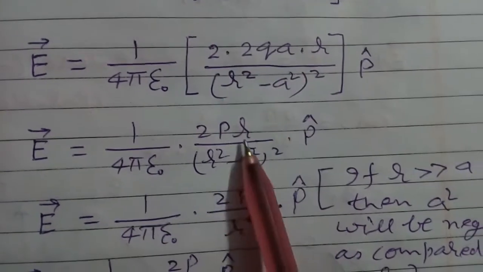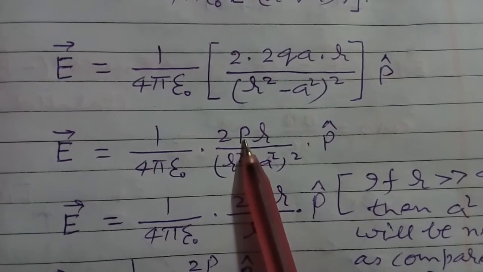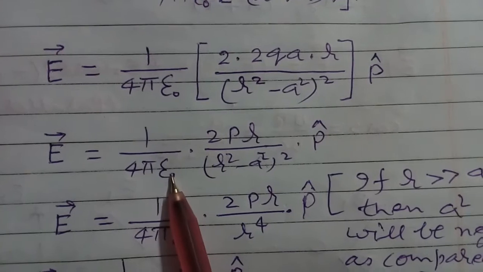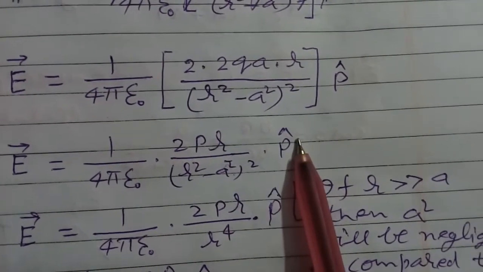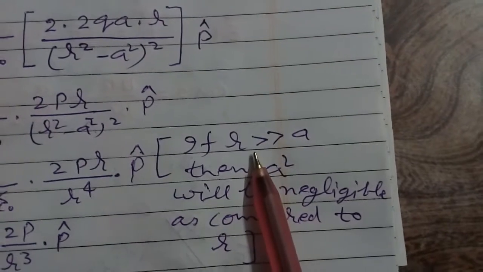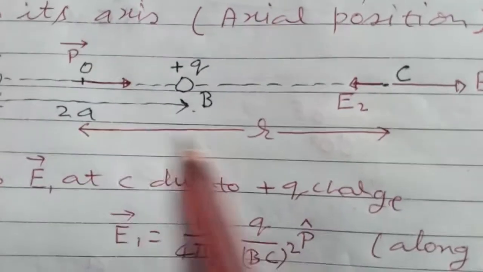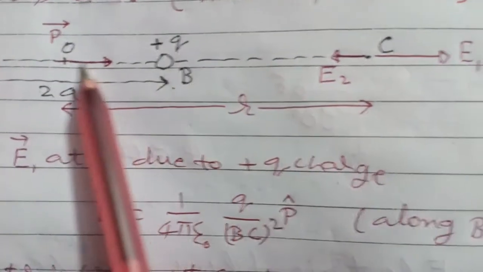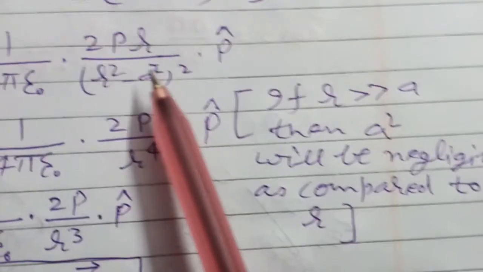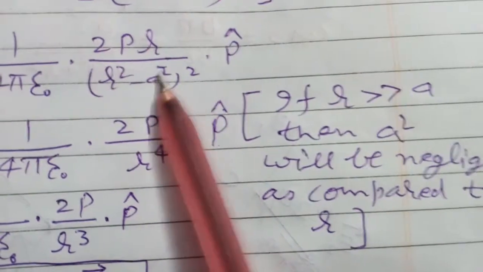2qa is equal to p, the electric dipole moment. So E is equal to 1 upon 4 pi epsilon naught into 2pr upon r square minus a square, into unit vector p. Now if r is greater than a, then we can leave this term a square.